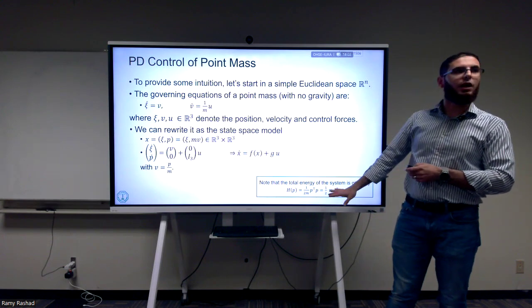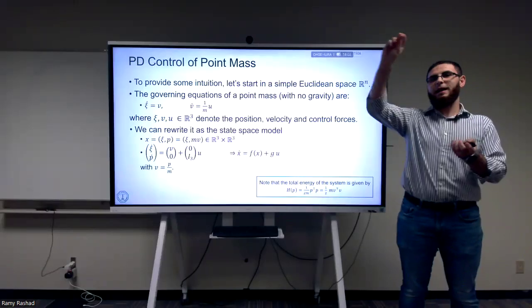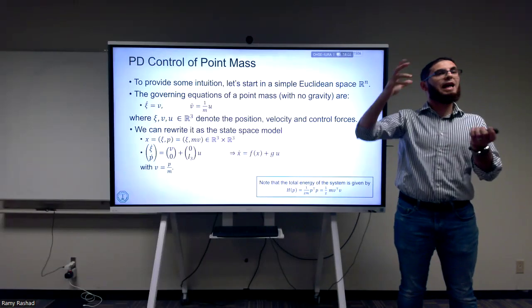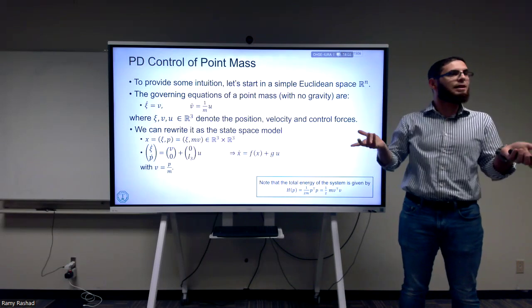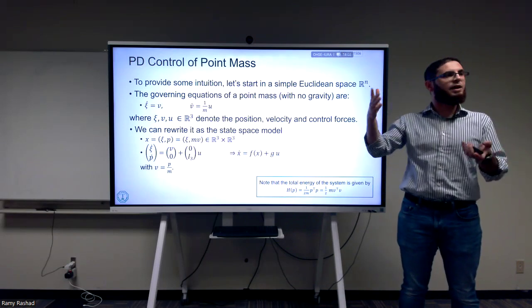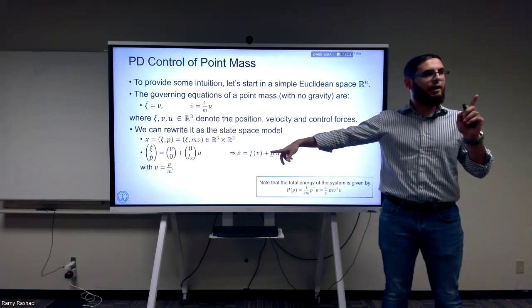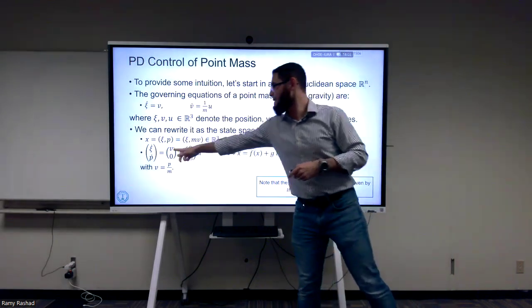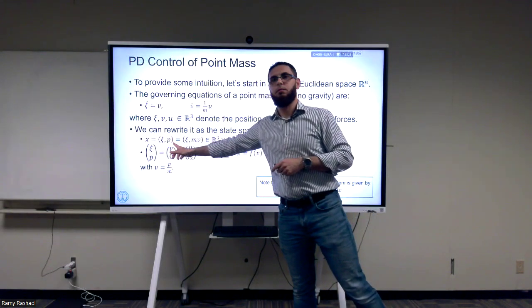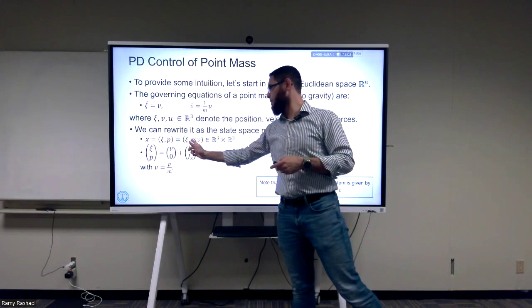Just as a side note, because we're going to need it later, this system is just a point mass floating in the air. It doesn't have any potential energy, but it has kinetic energy because it's moving. How is this kinetic energy calculated? Half m v transpose v. We're going to be choosing the state, for reasons that will be clear later, not as psi and v, but as psi and p, the momentum. And momentum is simply m v.